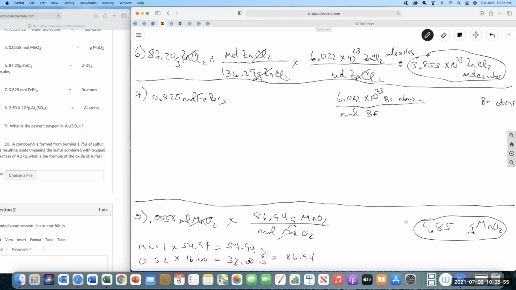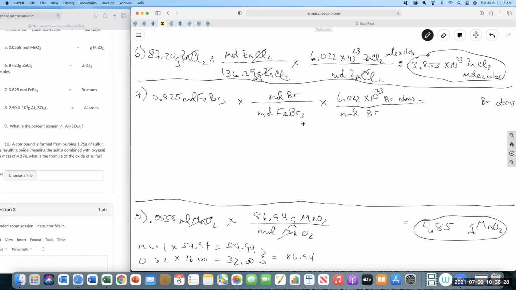Now you see moles of bromine and moles of FeBr3 do not cancel. This is a good example of why you don't just write moles, but moles of what? Because if you just write moles and don't write the Br, you won't realize that these aren't the same thing, and you won't realize that you have another step here. We need moles of Br on the top and moles of FeBr3 on the bottom.